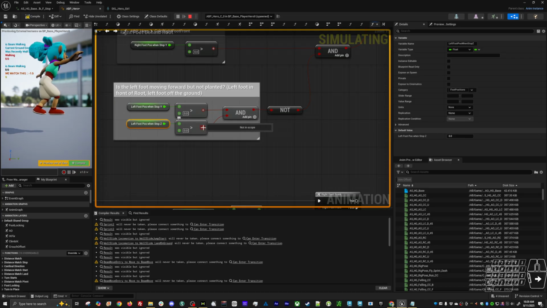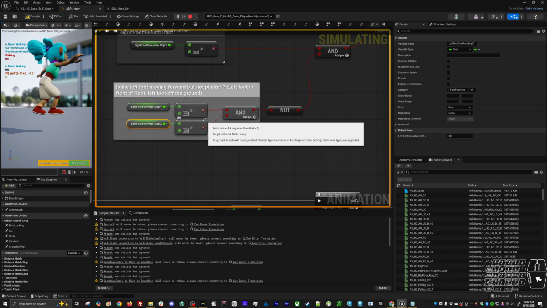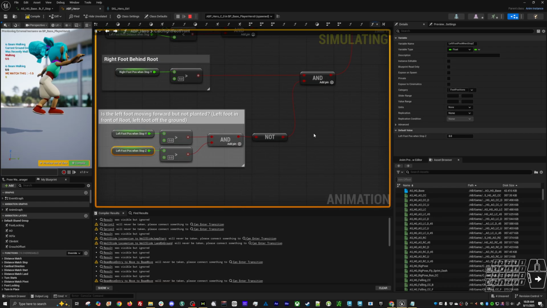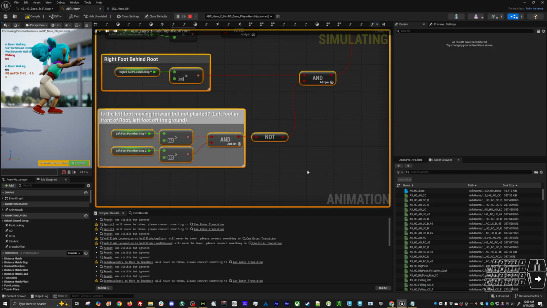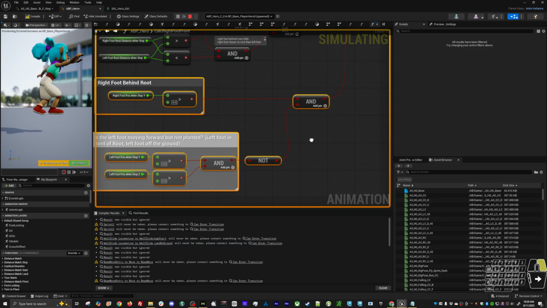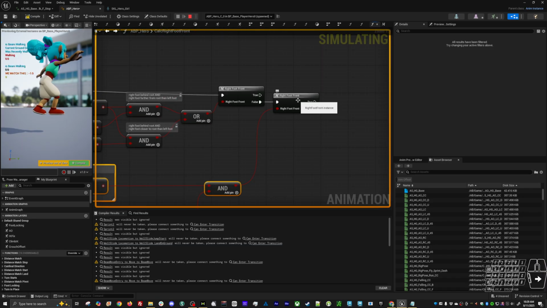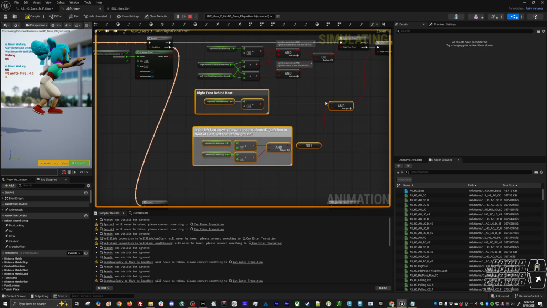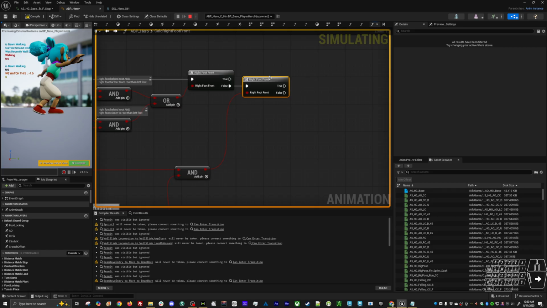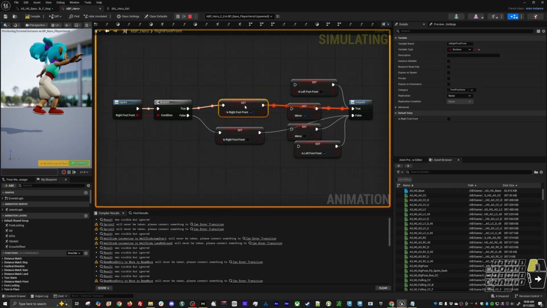So we're checking to see if it's planted or not, and we need that to be not true. And if all of that is together true, then we're setting our right foot root is true.